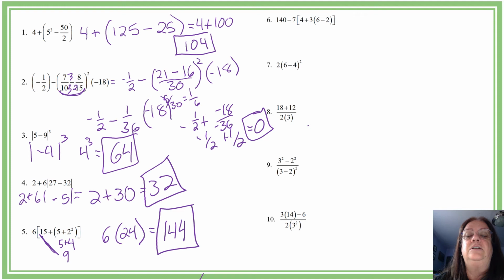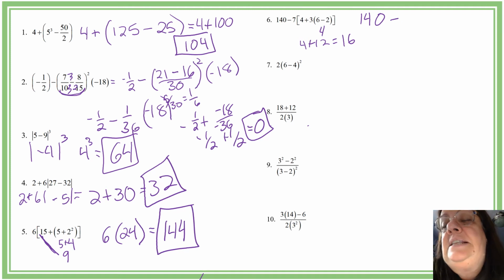Okay, let's look over here at number 6. Okay, 6 minus 2 is 4. 3 times 4 is 12. 4 plus 12 is 16. So what's in the square brackets is 16. So now I have 140 minus 7 sixteenths. Well, 7 times 10 is 70. 7 times 6 is 42.